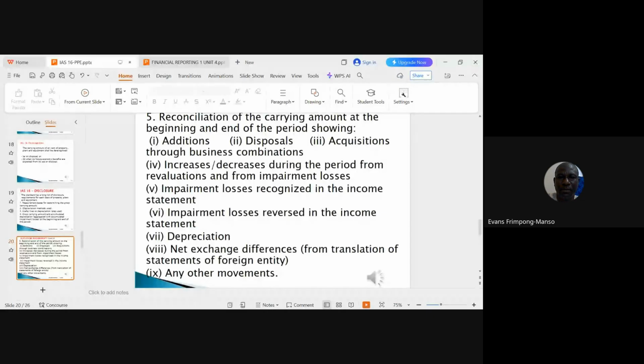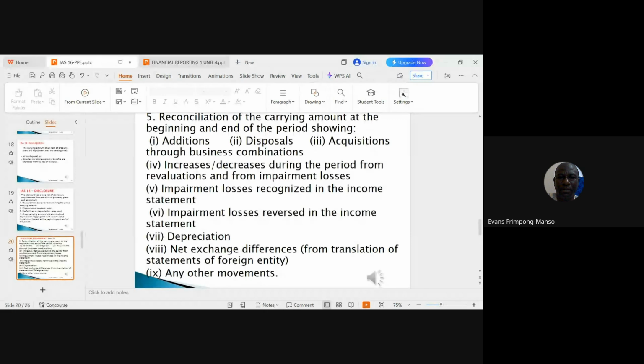So these are all information that you need to disclose. If in the course of the year you have bought additional property, plant, and equipment, you have to show it. If in the course of the year there has been disposals, you have to show it. If in the course of the year new ones, apart from what you have, have been acquired, you have to show it.